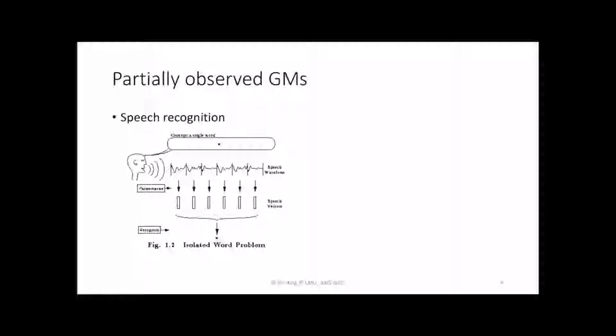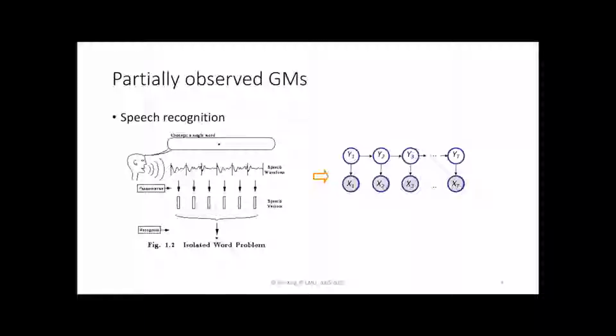Is it W? Is it A? Is it B? And also, of course, you have to incorporate the smoothness between variables, because A most of the time is followed by E, and, I don't know, rarely followed by X. So you want to incorporate that into your graphical model.